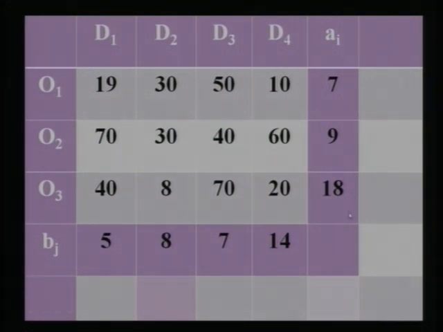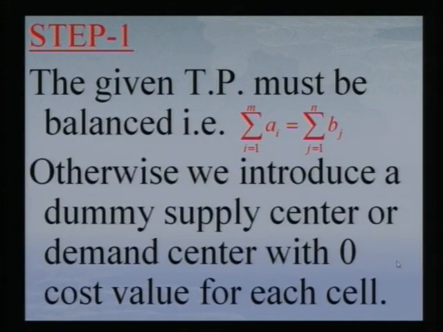This sum must be equal to the sum of the demand values, 5 plus 8 plus 7 plus 14. If that is satisfied, then it is called a balanced TP. So the first step to solve the TP using the MODI method is this: the given TP must be balanced, that is, sigma Ai is equal to sigma Bj.